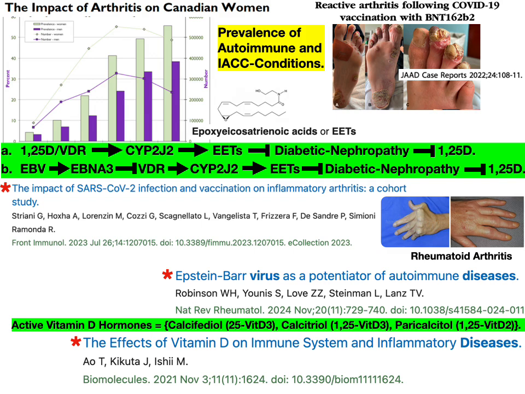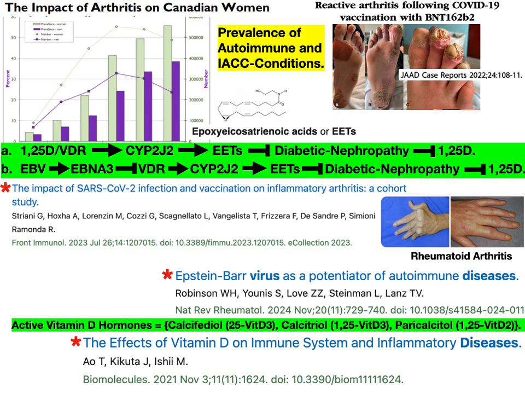Epstein-Barr virus as a potentiator of autoimmune diseases, and the information vector encoded in B shows one way that this can occur: the production of a toxin, EBNA3, which inactivates vitamin D receptors, which are needed to promote pathways such as A, the epoxygenase that makes these anti-inflammatory lipids, EETs. That would be lost if the vitamin D receptor has been inactivated by EBNA3.